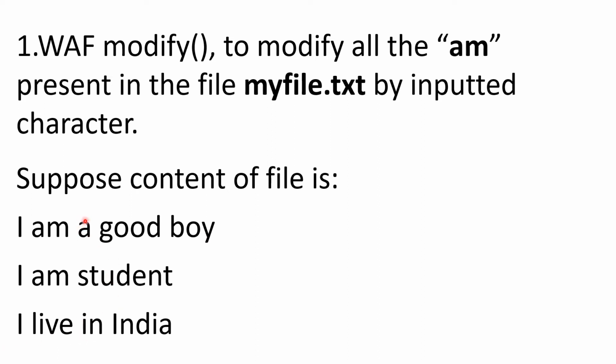And here we have to input a new character to change this m. Wherever we have m, we want to modify this m by the character inputted by the user.